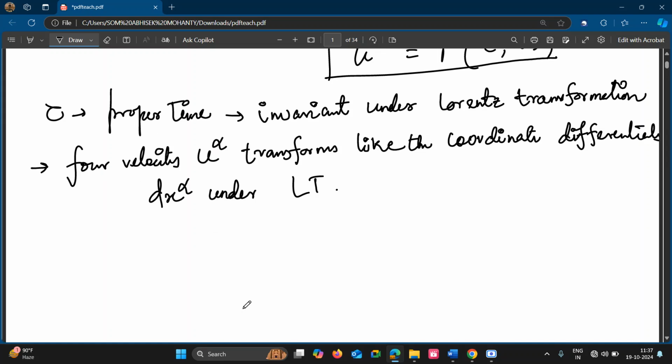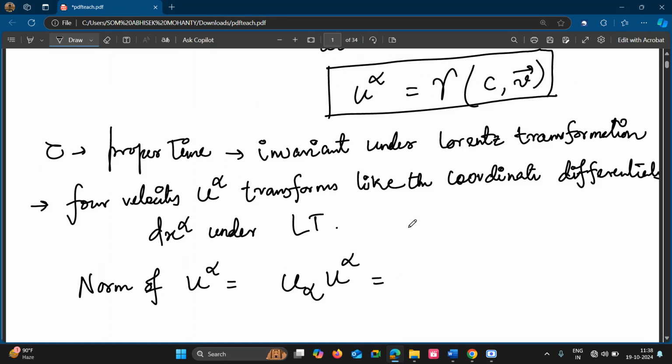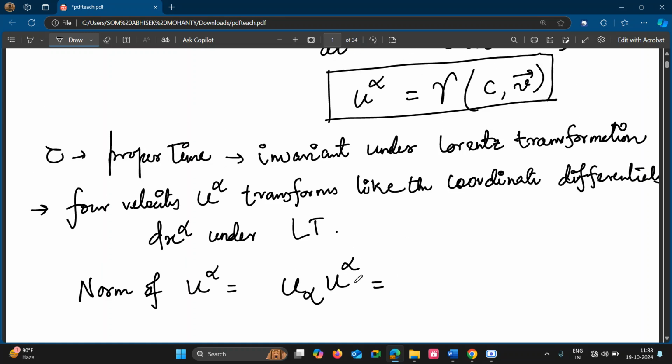The norm of u alpha is a universal constant, which is positive. So the norm of u alpha will be u alpha covariant into contravariant, which gives gamma square times c square minus v square.